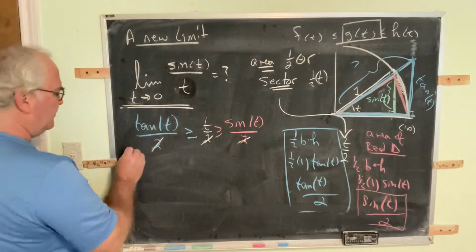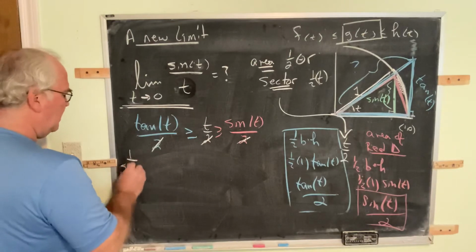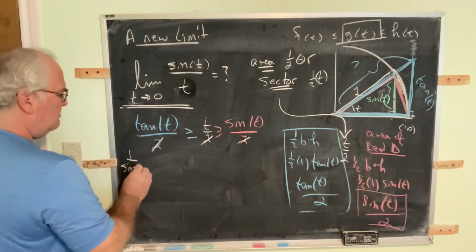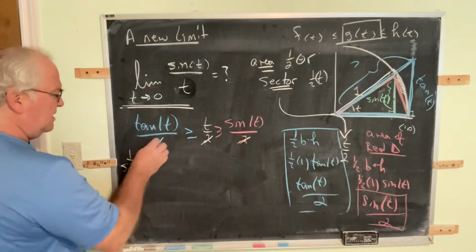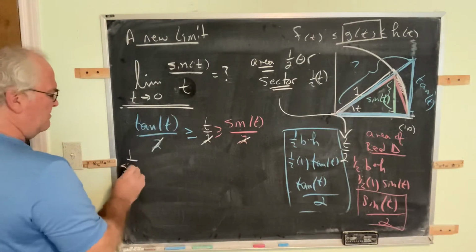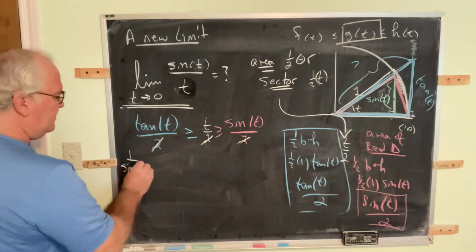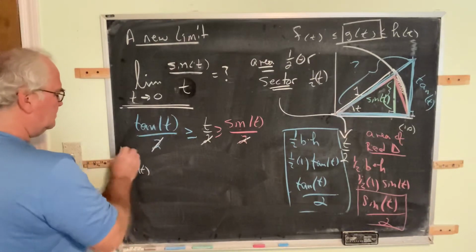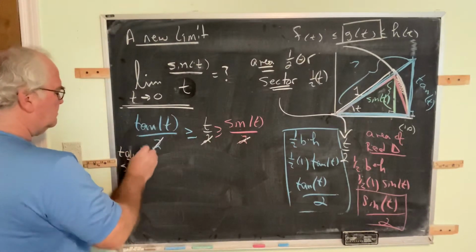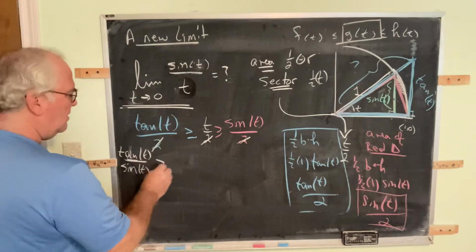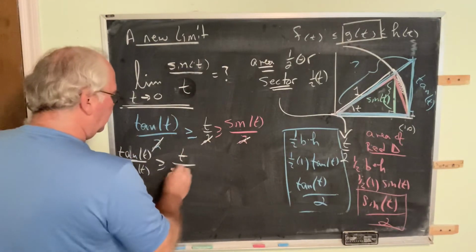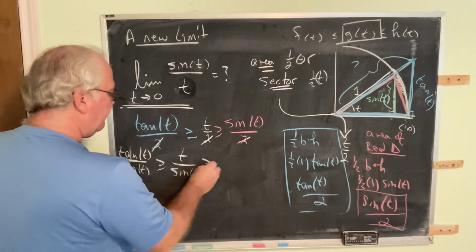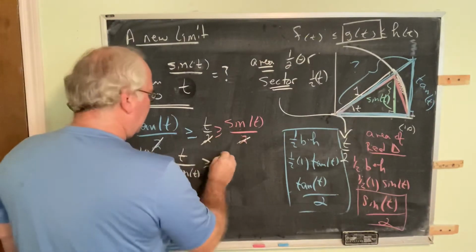Multiply this by 1 over sine. I'm going to forgo the color now. Remember the blue is the big one. 1 over sine of T times tangent of T, then T over sine of T. Multiply this by 1 over sine.